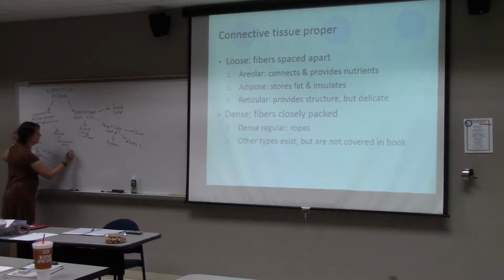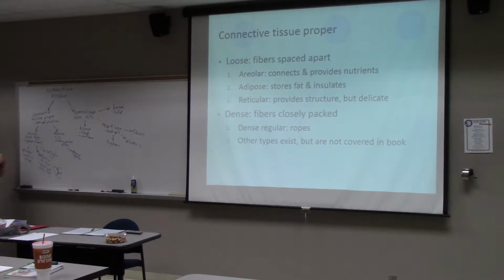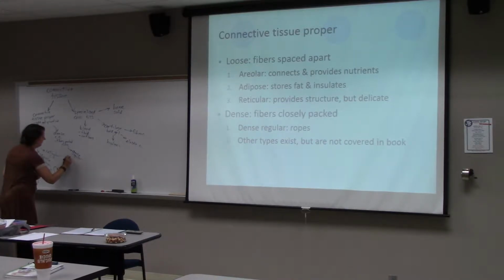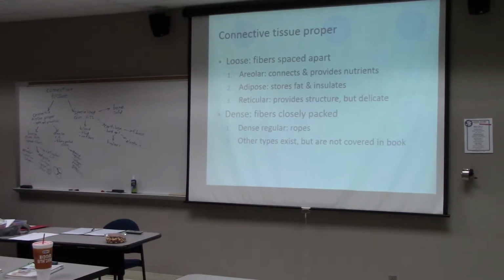Under dense, the only one we're looking at is dense regular. It has collagen fibers that are parallel. And sometimes you can't even really see the cells in there because they're just squished in between the fibers.